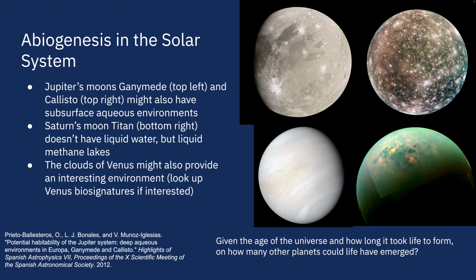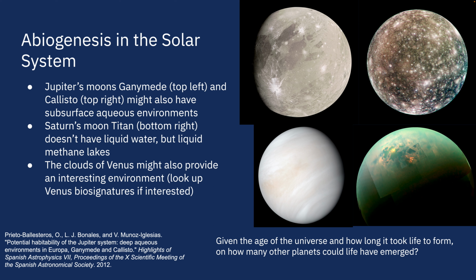And it's not just Europa. There are other moons as well. Ganymede and Callisto both are also moons of Jupiter. They might also have subsurface aqueous environments. Saturn's moon Titan is too cold to have water, but it does have liquid methane. So you might not have nucleic acids, but you could have something similar to nucleic acids there.